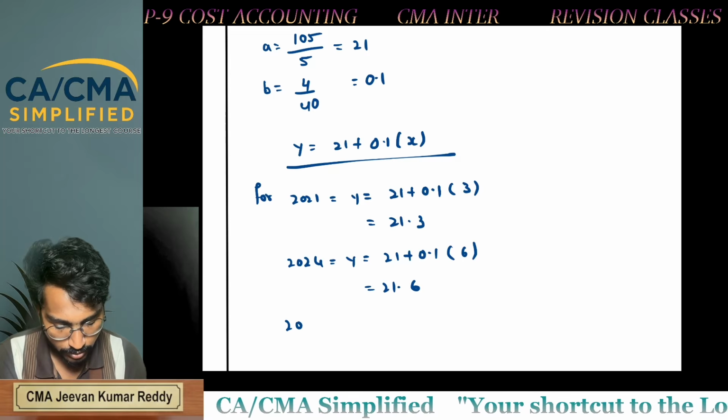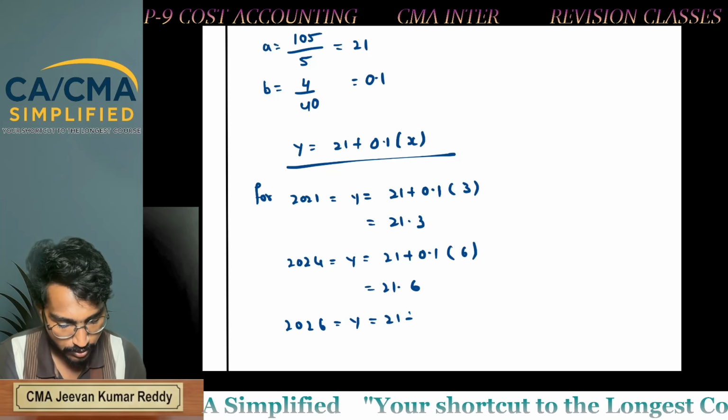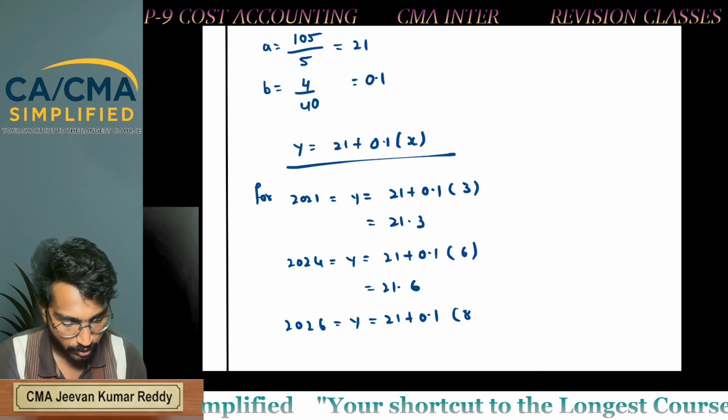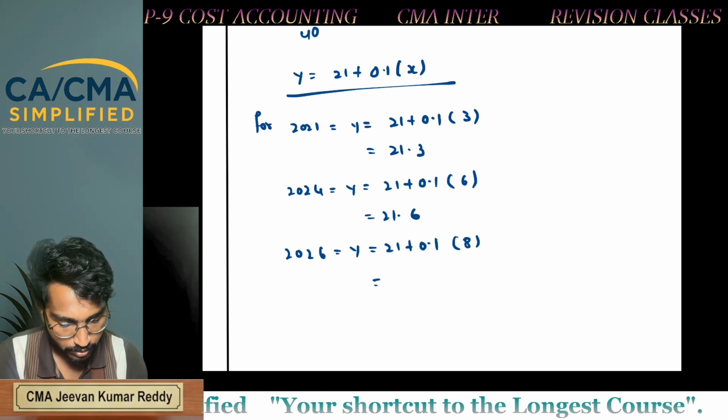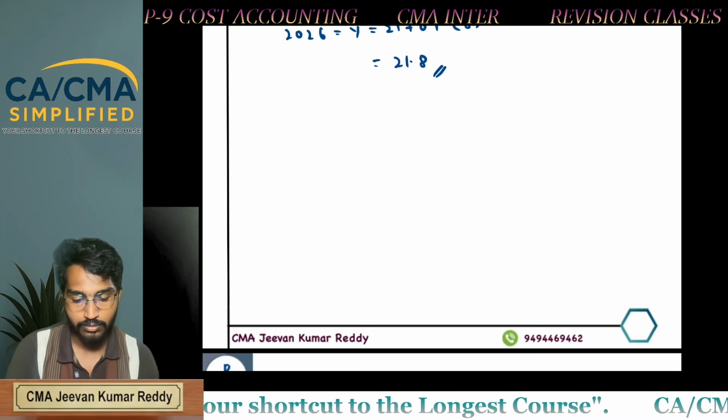Next, for 2026, y is equals to 21 plus 0.1 into 8, that is 21.8.